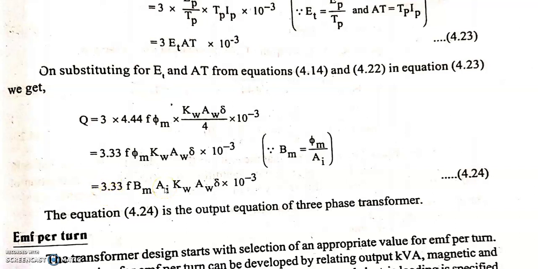In a single phase transformer, 2 limbs and 1 window and winding area will be there. In a 3-phase transformer, 1 more limb and 1 more window is added. So it is 3.33 over here. Okay, so this is about the output equation of a 3-phase transformer.